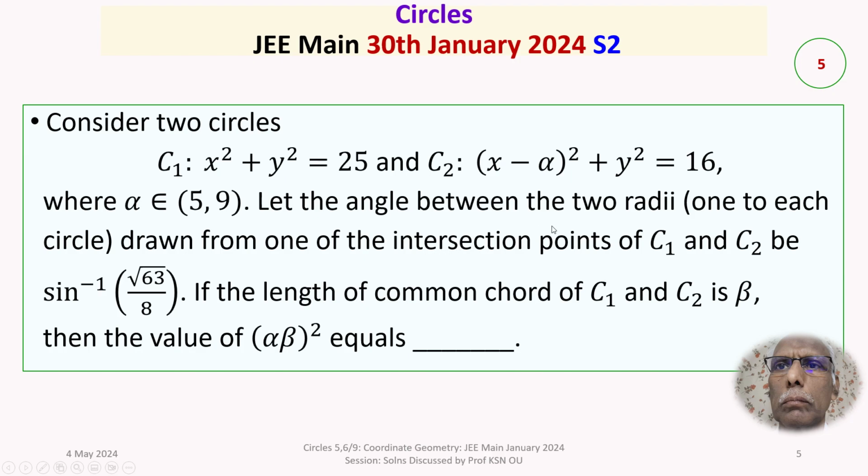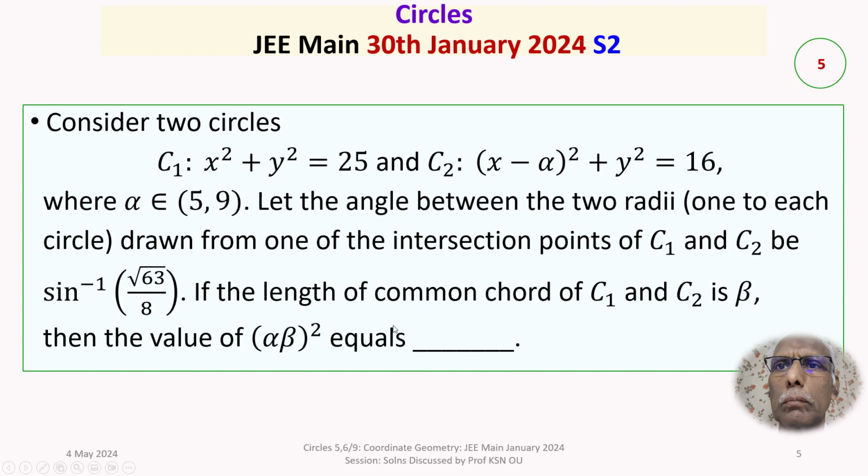Given the angle between the 2 radii, one radius of C1, the other radius of C2, drawn from one of the intersection points of C1 and C2, that means at one of the intersections you take one radius of C1 and the other radius of C2, and the angle between them is sine inverse root of 63 by 8.